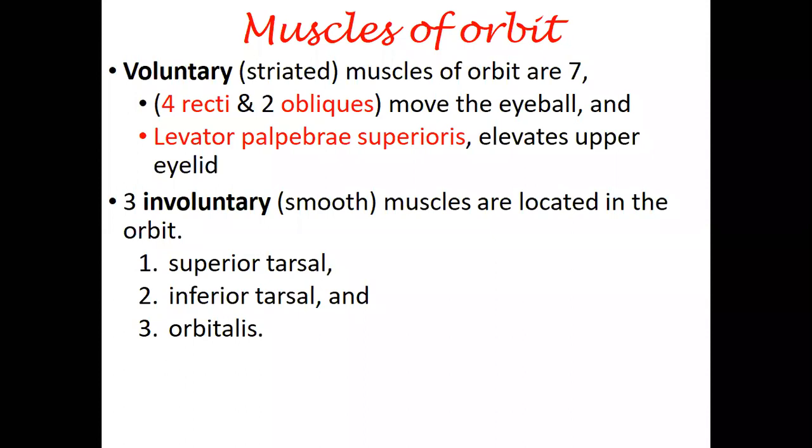You will also get 3 involuntary or smooth muscles. These are superior tarsal, inferior tarsal, and orbitalis. So these are the muscles of orbit.